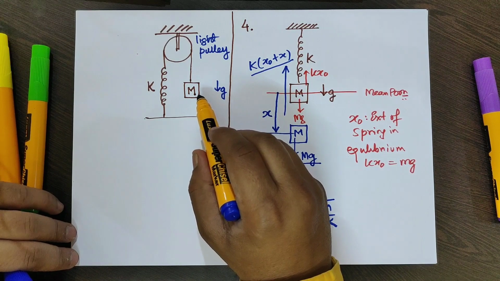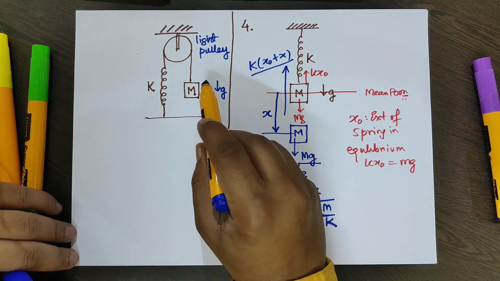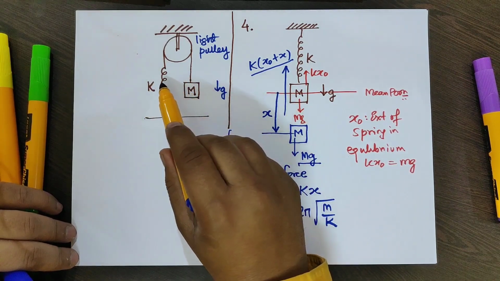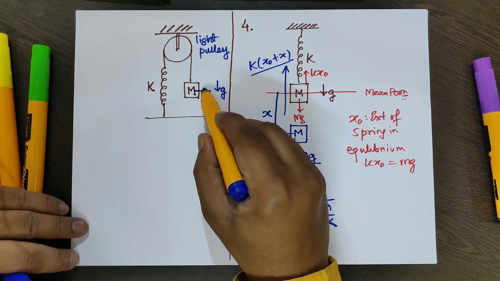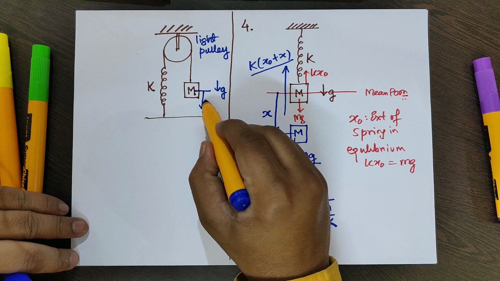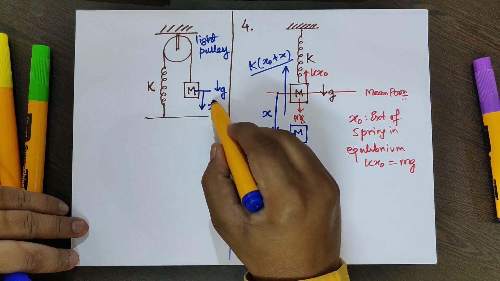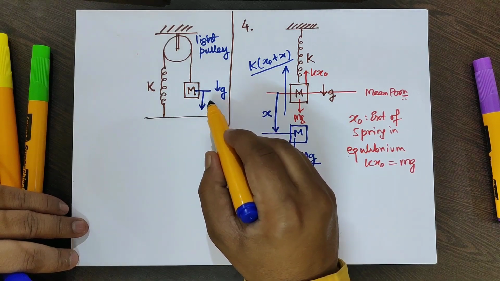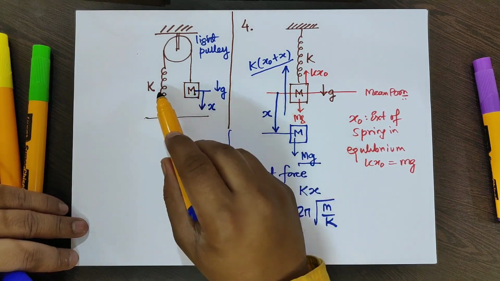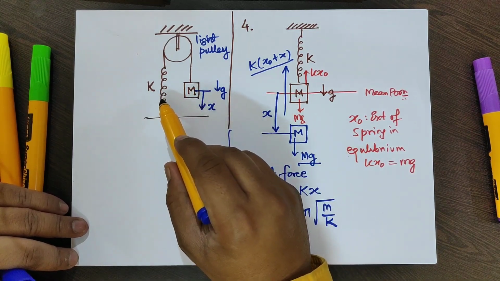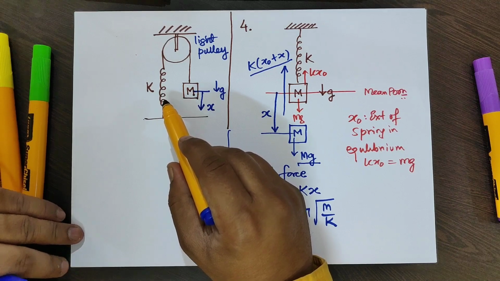So suppose this is gravity free space. The spring is not extended, it is at its natural length. Now, if you pull the block down by x from its mean position, what is the extension in the spring?